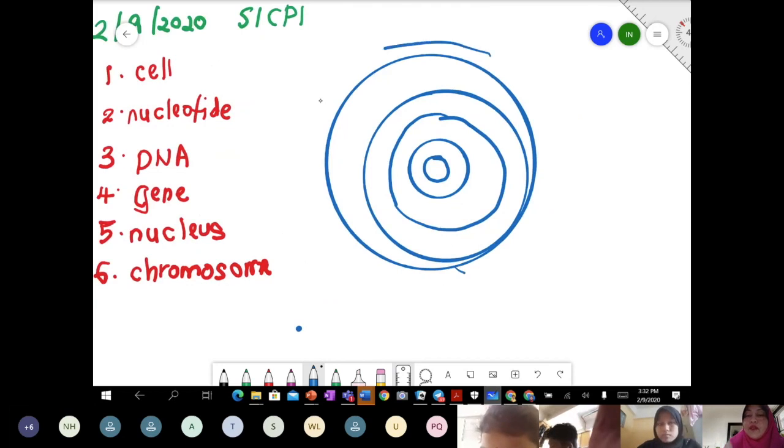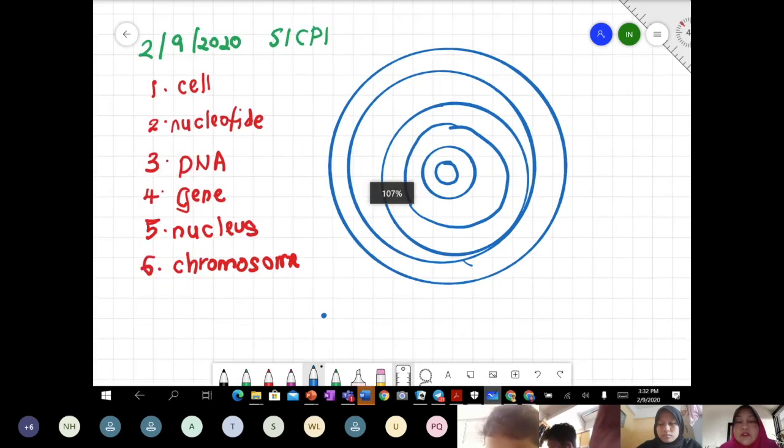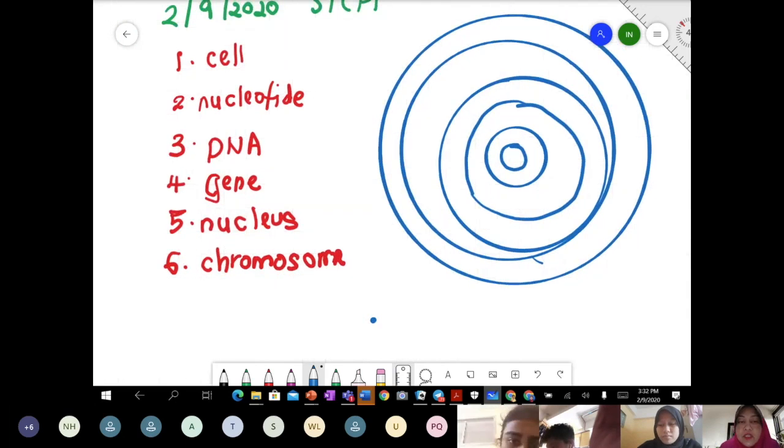Five and six. Try to arrange the six terms according to descending order.